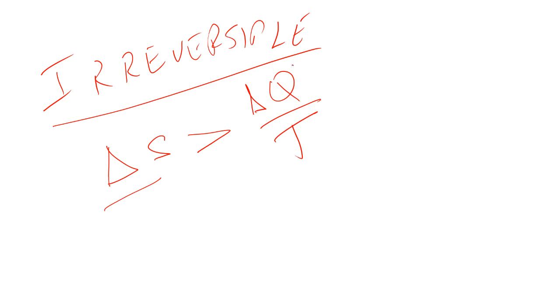So, in other words, even if dq is 0, so if no heat is pumped in or out of the combined system, and yet the change in entropy is greater than 0.